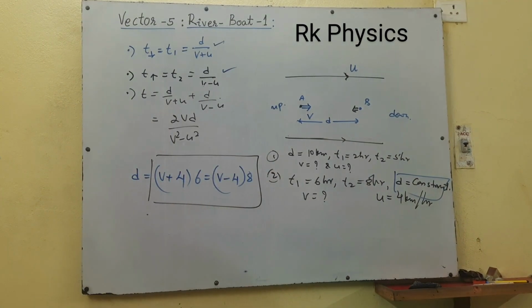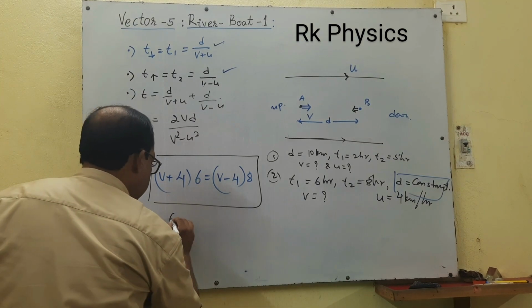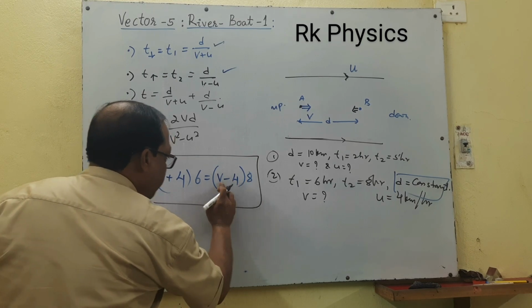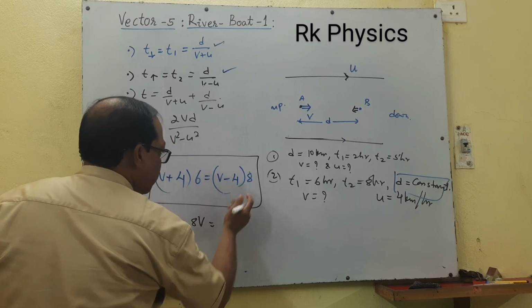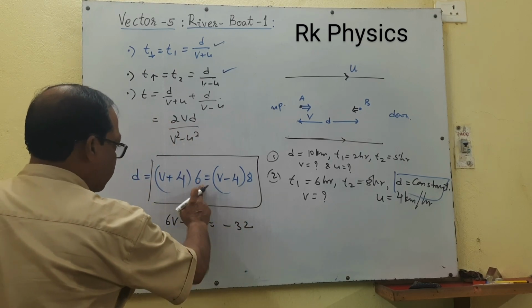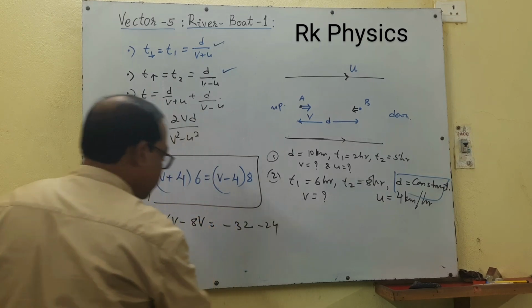You take this portion and leave D because D is common. Now 6 into V, 8 into V, you take to the left. 8 into 4 is 32, 6 into 4 is 24, take to the left.